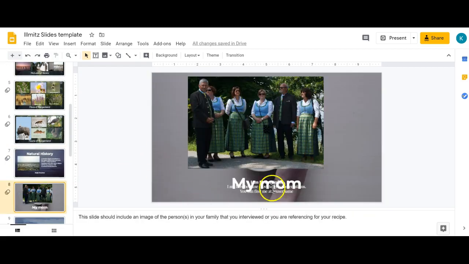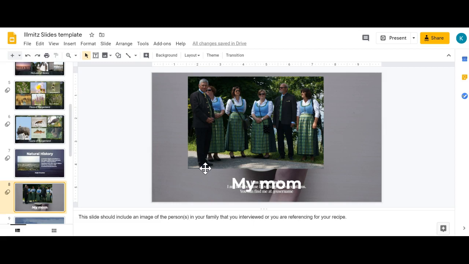I was not able to get an actual picture of my mom, but that will change. In this slide, you're going to have an image of who the person is that you're interviewing. And in this case, it could be someone who actually passed away and you're having a family member talk about them, so you can bring in an image of that person from long ago.